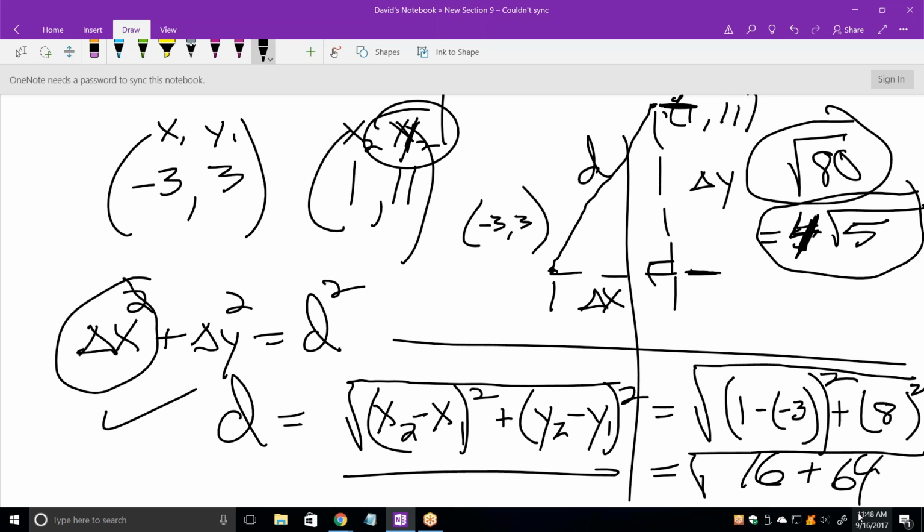The way I simplified that is root 80 is root 16 times root 5. 16 times 5 is 80. Whatever is inside the radical sign, you can factor it. And I made sure I found a factor that was a perfect square number. Root 16 is a perfect square number, so that becomes a 4, and then I have root 5. That is the exact answer.